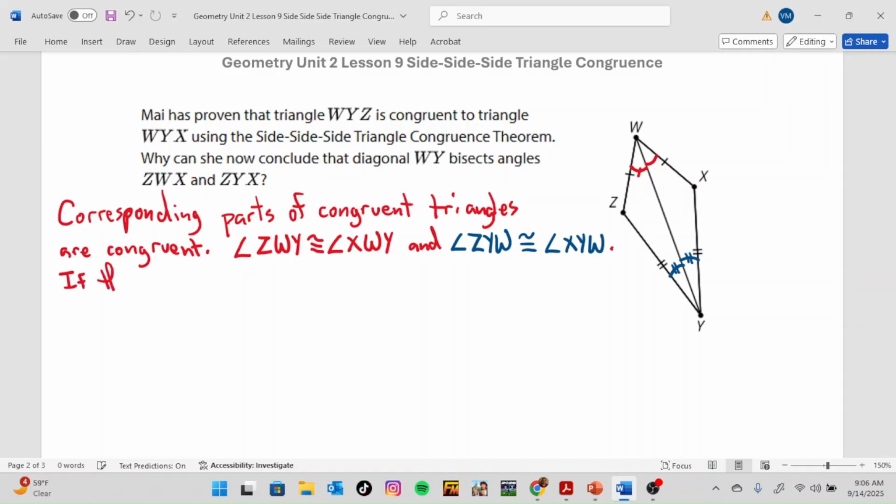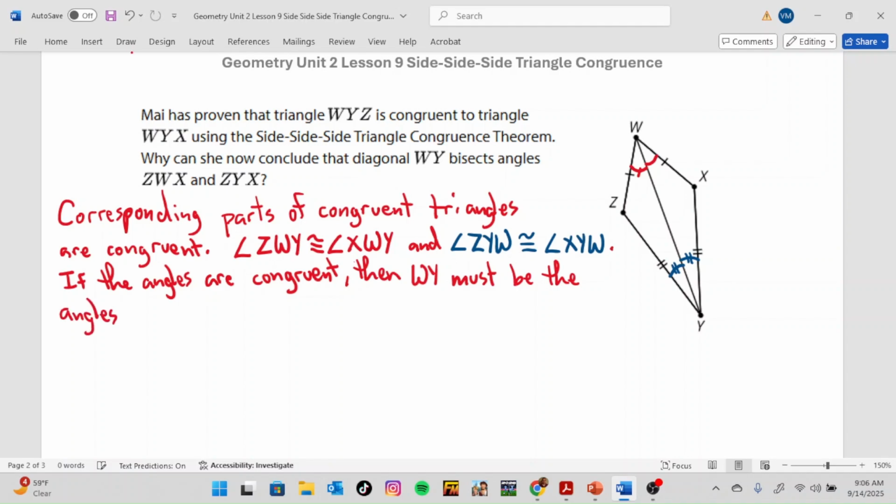If the angles are congruent, then WY must be the angle bisector by definition.